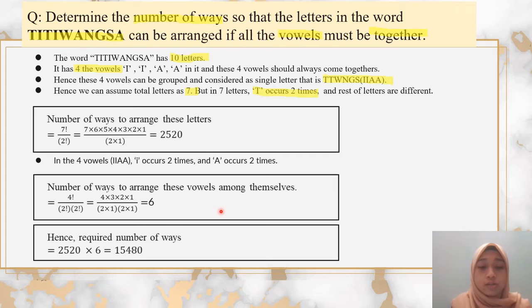So the answer would be 6. Hence, the required number of ways would be 2,520 ways times 6 ways. So the final answer will be 15,480 ways. Next, I will pass to NAZMI to explain the combinations.